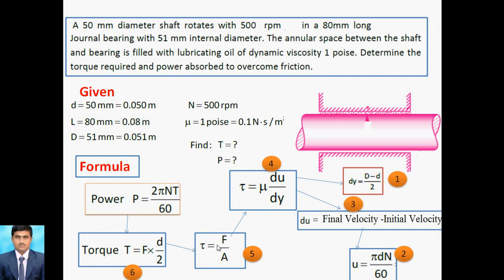After finding the force, we can calculate the torque, that is force into d by 2. N is unknown to you, pi is known to you, and 60. So this will give the value of power. We can take this reference for solving.